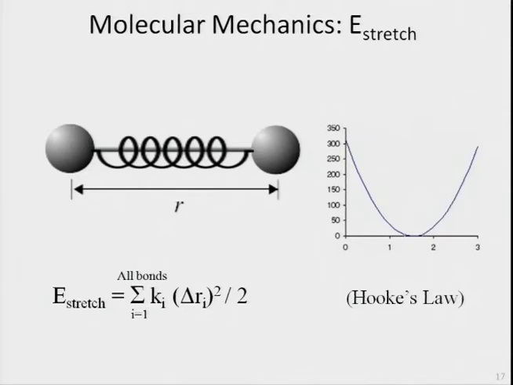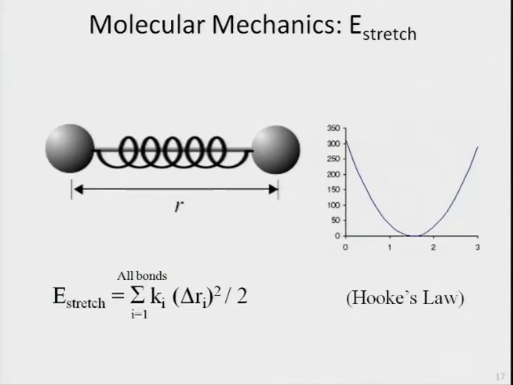So this is just given by this equation here. Basically, if you want to calculate the stretching term for a molecule, you look at all the bonds in the molecule, you look at what their distances are, and you square that term, and then divide by 2. So this gives you the stretching term. Have you heard of the harmonic oscillator?